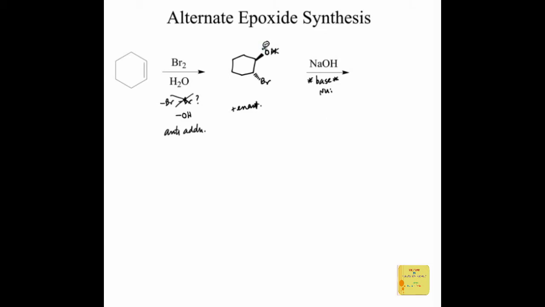And what can happen here is now we have a great nucleophile, a very strong nucleophile, in a structure where we also have a leaving group. And so that nucleophile can attack the carbon and kick off the leaving group.